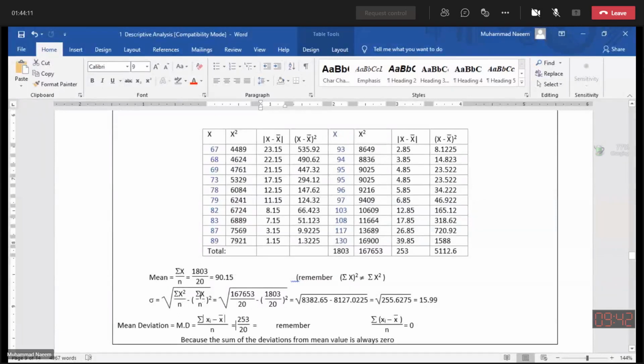And here, sigma x over n. Sigma x is the sum of the first column, 1803, divided by n, and then taking its whole square. Remember these sums.